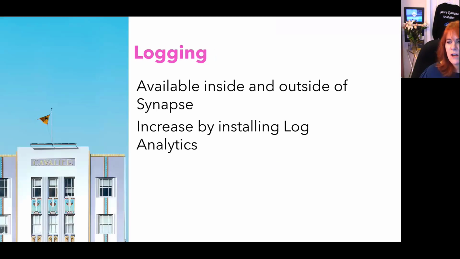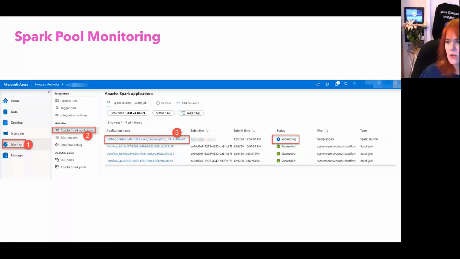So of course with logging, that's available inside and outside of Synapse, and you can increase this by installing Log Analytics, which allows you to do a lot more. So if you're looking at Spark pool monitoring, you can look at monitoring the applications while they're running within Monitor, and then take a look at what is running while it's going on.